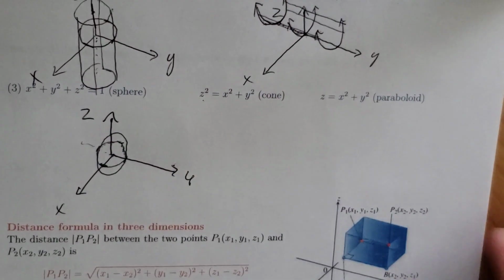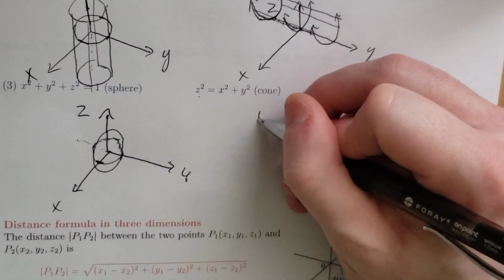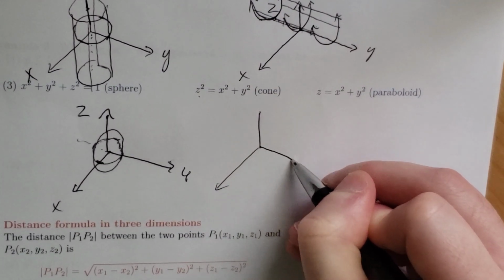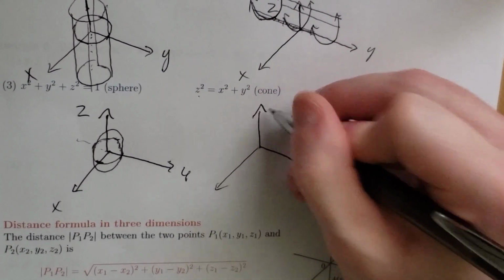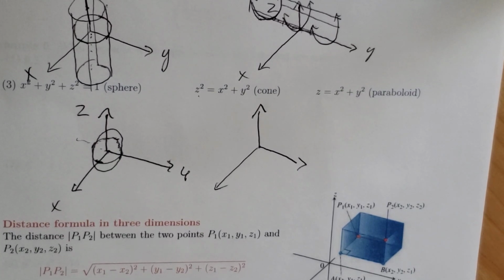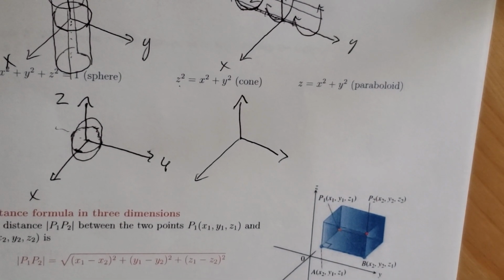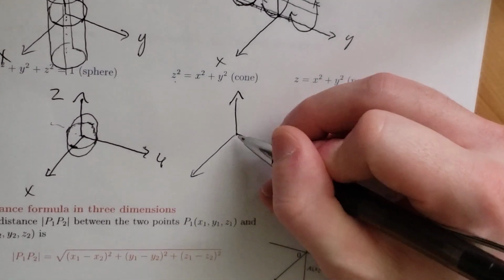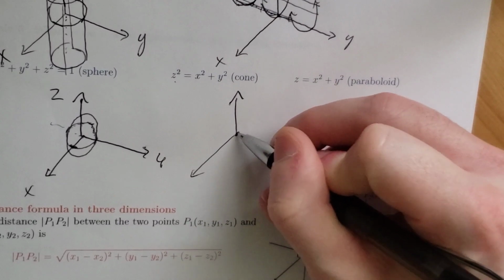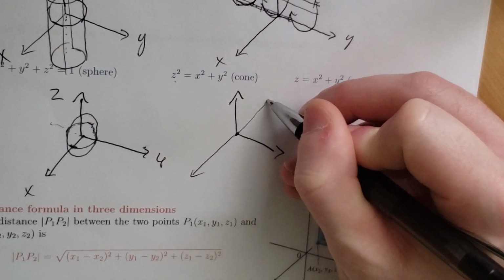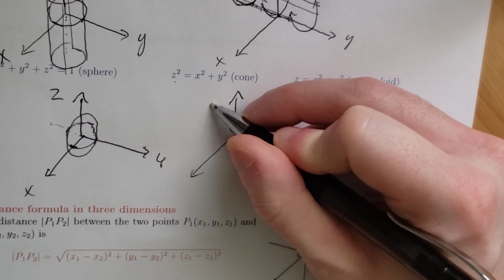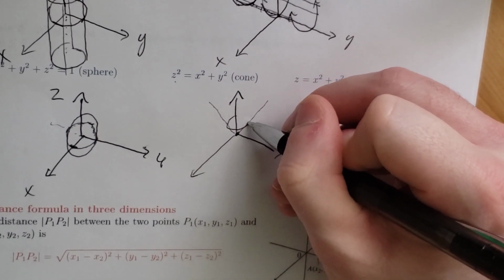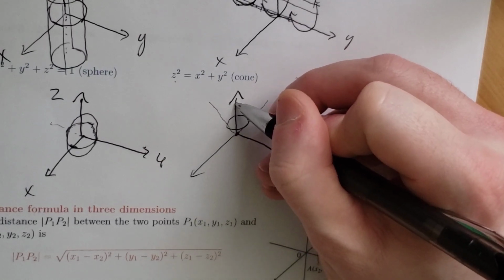Z squared is equal to x squared plus y squared is an example of a cone. That would look like this, with circles centered around this z-axis.